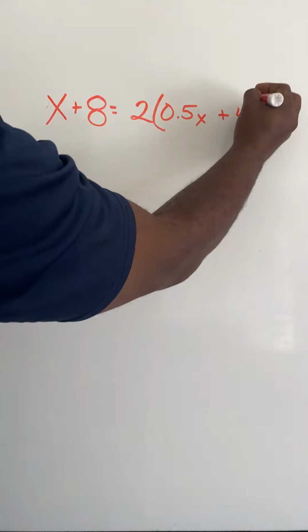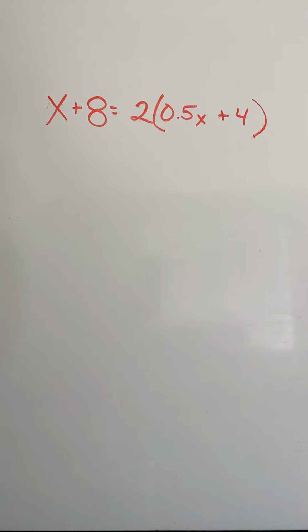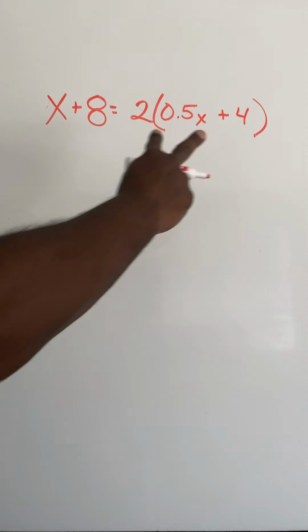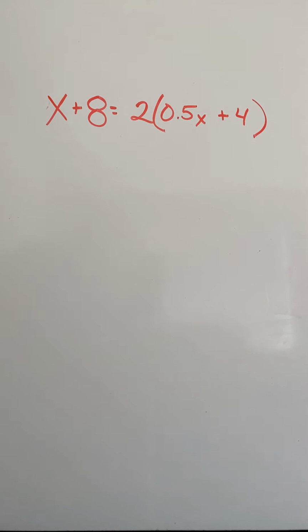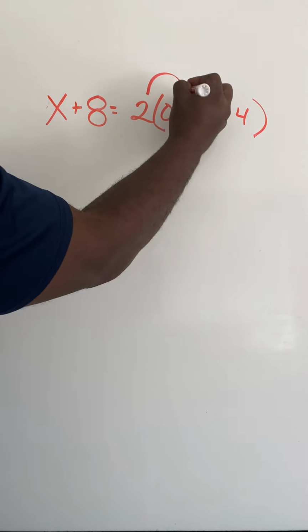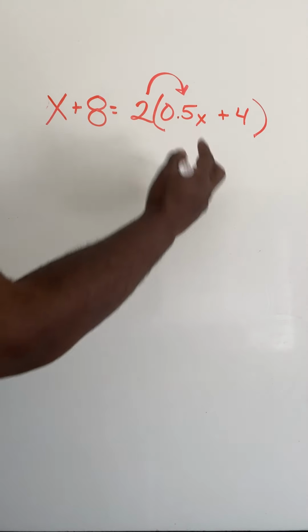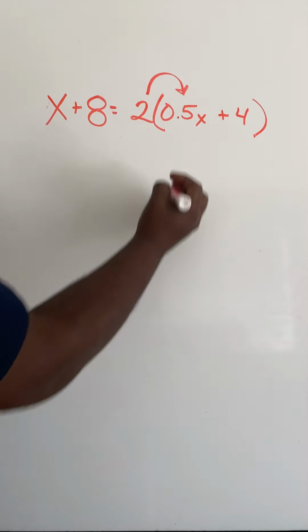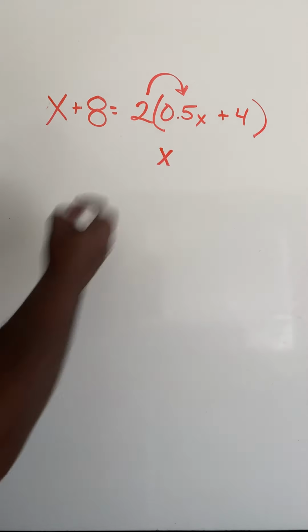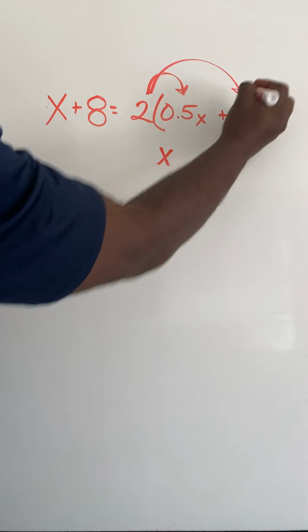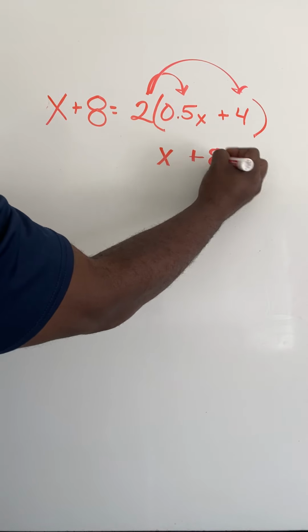I think you guys looked at it and went, oh, but it wasn't very complicated. Anytime you see the parentheses, that tells you right now you have to distribute. Well, 2 times 1/2, because 0.5 is really 1/2. So 2 times 0.5x gives you 1, which is just an x. 2 times 4 is 8.